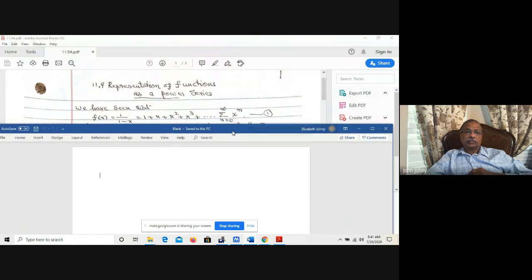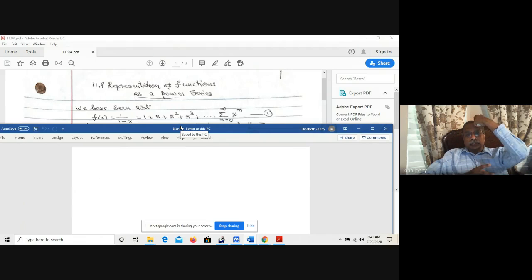Okay, we start with a very common series. This is a geometric series with the first term equal to 1 and common ratio x. So that is 1 plus x plus x squared plus x cubed plus etc. That is the same as sigma n varies from 0 to infinity of x to the power of n.